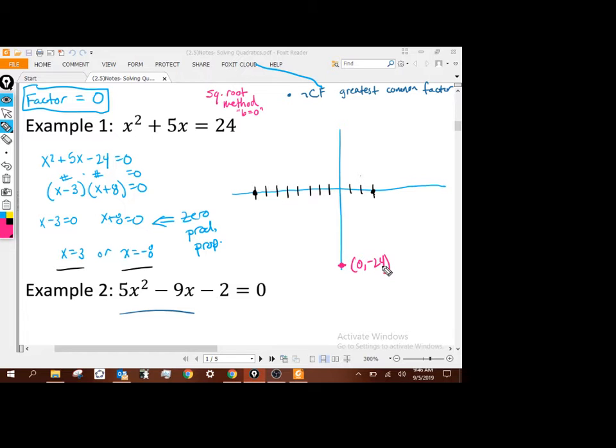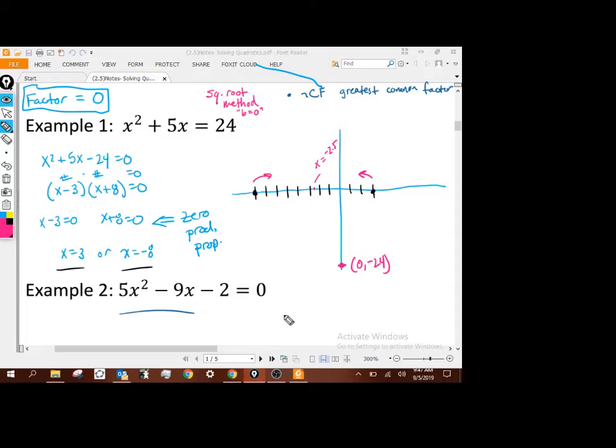Meaning that from either this point moving that direction or this point moving that direction, if I go 5.5 units in either direction, I should be at the middle, right? So there would be 3, there would be 4, 5.5 would be right there. Does that make sense? So my vertex, that x value right there, is negative 2.5.